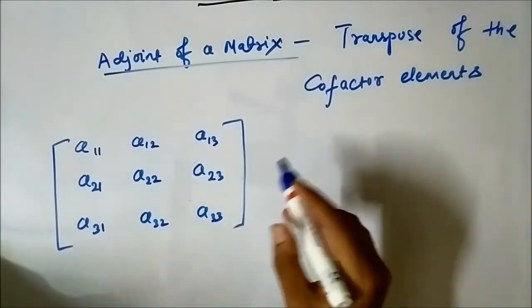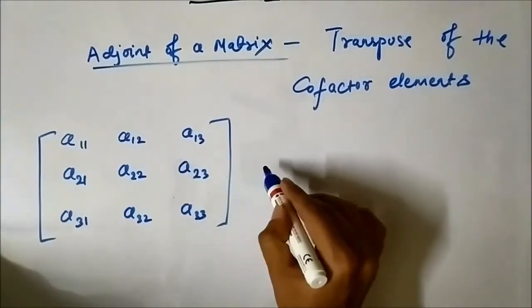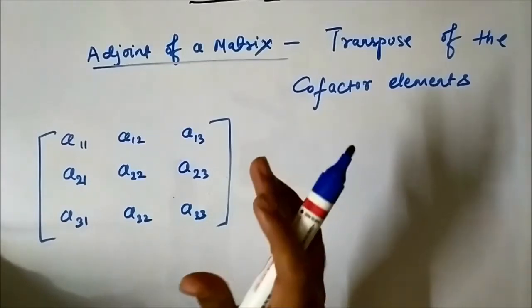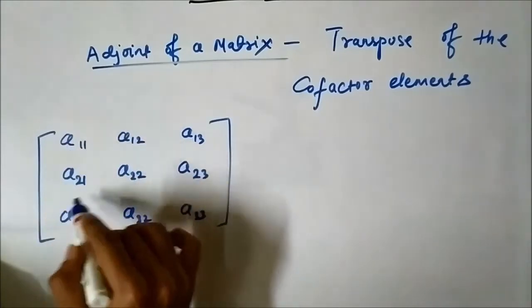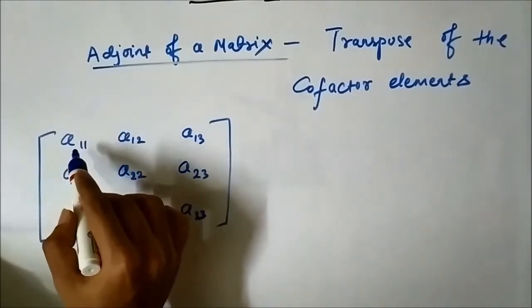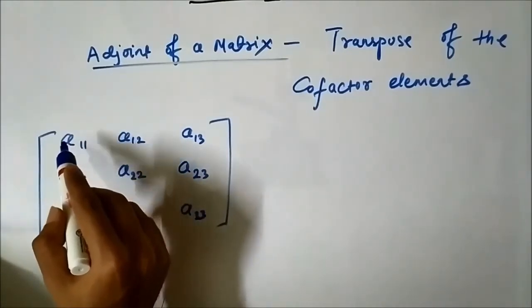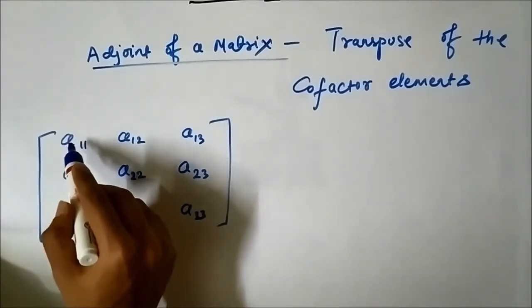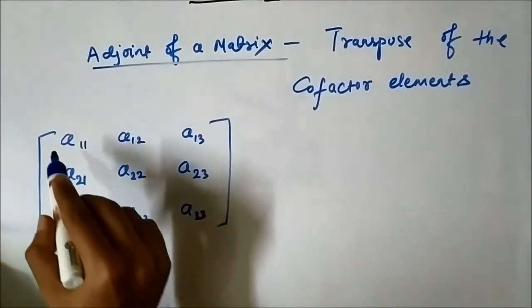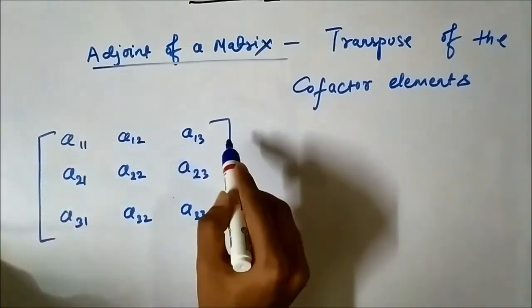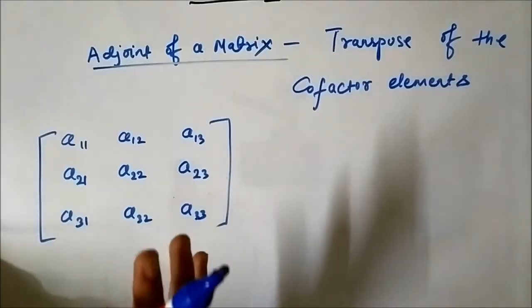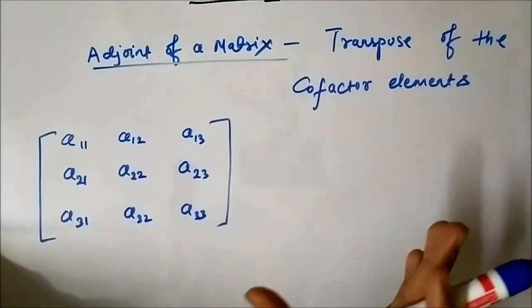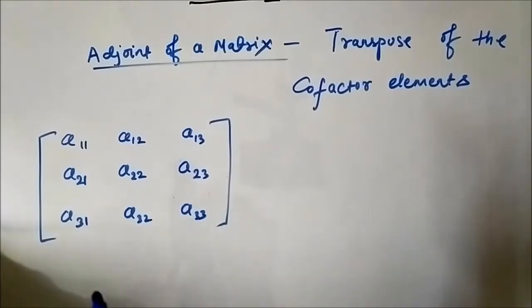Then from this matrix we determine the cofactor matrix. And how are the cofactor elements determined? First we have to determine the minor. For determining the minor of a particular element, let's say if we want to determine the minor of the first element A11, we have to omit the respective row and column. We'll remove that and determine the determinant of the remaining. I have already discussed it in detail in the minors and cofactors video, so please check out that video before you watch this video.